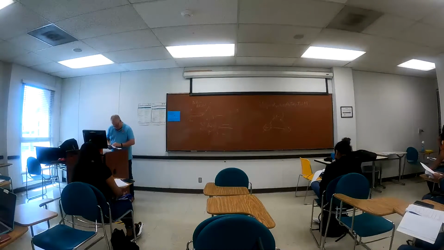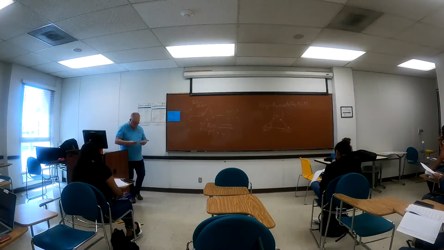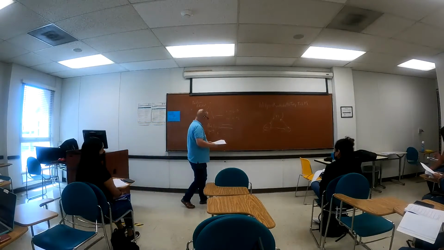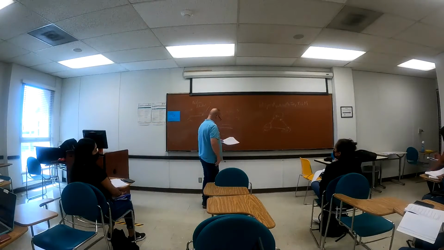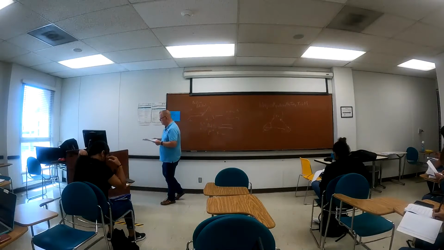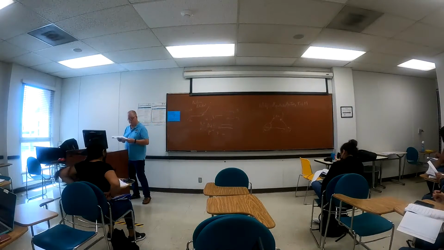Number 40, neurotransmitters are released from knob-like terminals at the end of the what? That's the end of the axon in the terminal branch, which of course is the end of the axon.